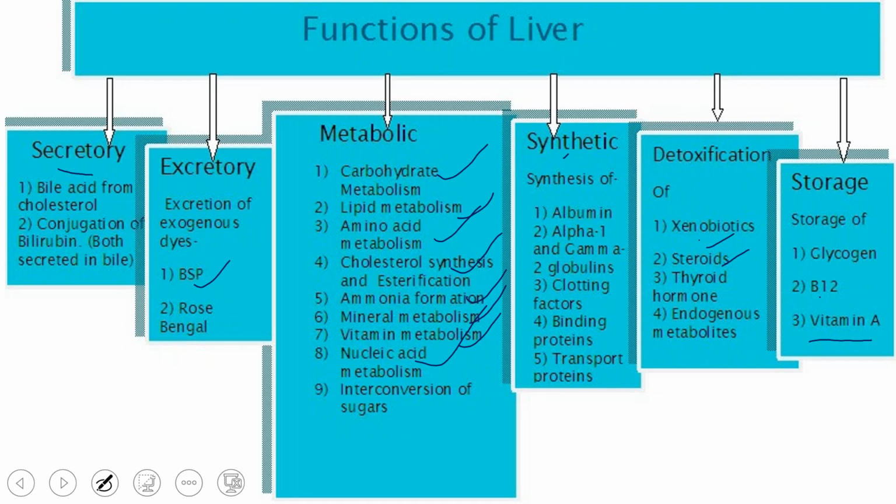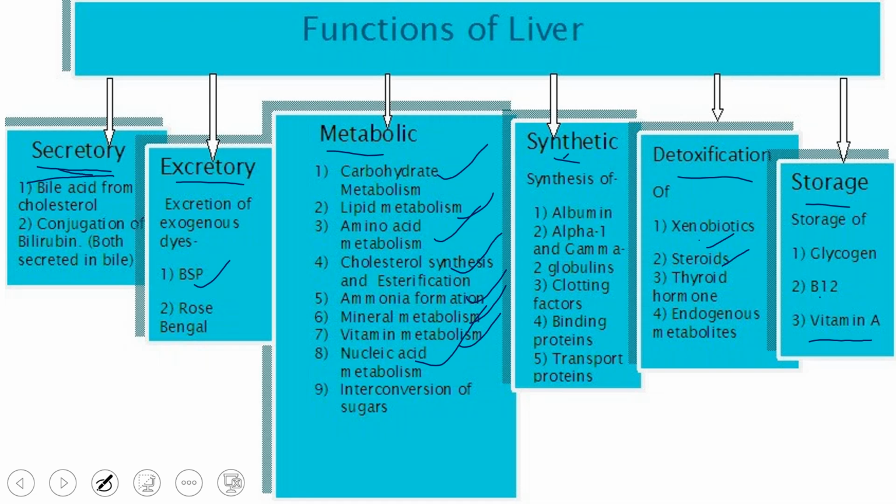So this is the function. On the basis of these functions, if we want to see which type of function the liver is not performing, we need a specific type of test that will tell us that the liver is not performing this type of physiology. For every specific function, we have a specific type of test. Similarly, we have six different functions: secretory, excretory, metabolic, synthetic, detoxification, and storage.